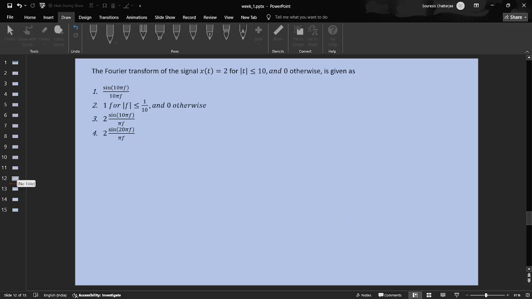So this is another interesting kind of signal which you are going to see again and again in the course going forward. Now the Fourier transform, the equivalent time and frequency domain representation. You have this xt, which is 2 for the magnitude of t less than or equal to 5.